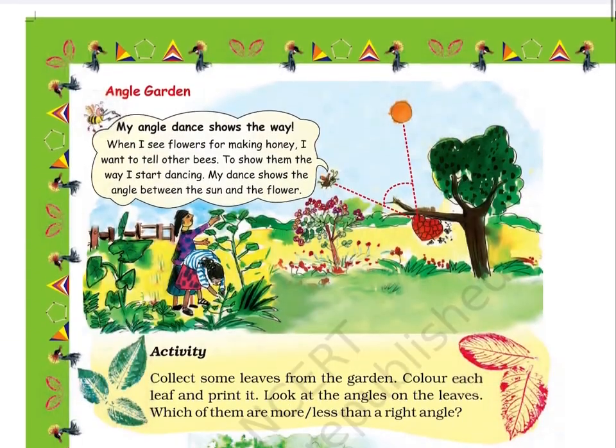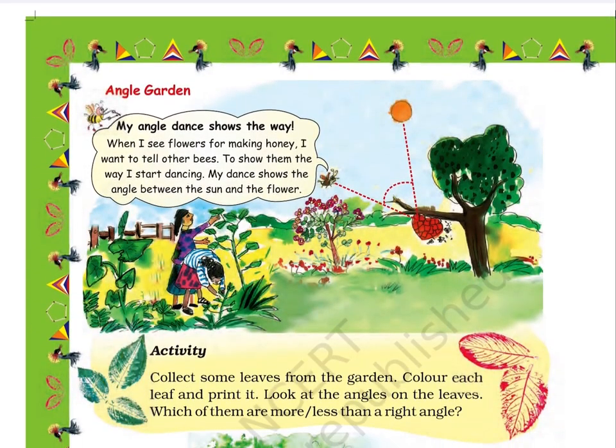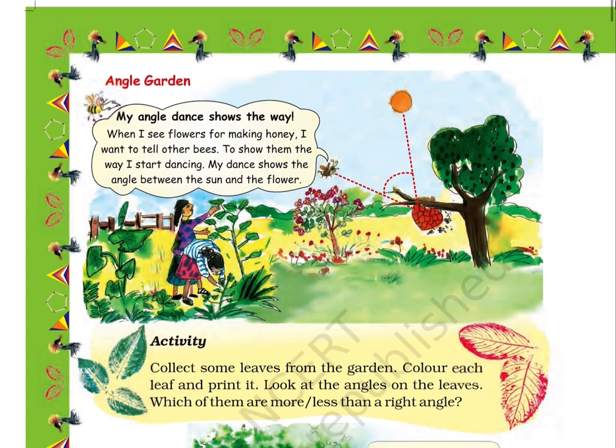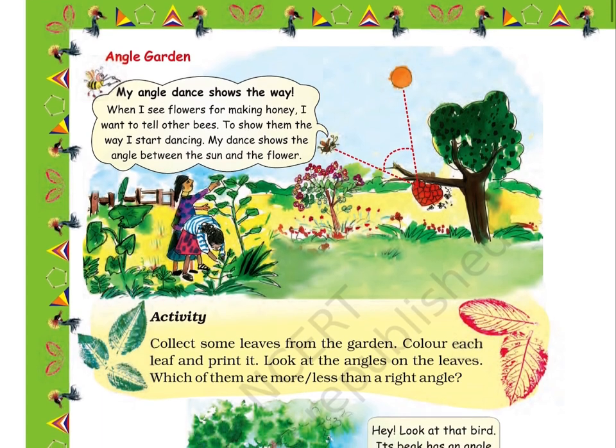Page 24. Angle garden. We see the picture of a garden with many flowers, plants and trees. 2 girls are also seen in the garden. It's a bright sunny day and we can see a big honeycomb on one of the trees. A honeybee flying nearby tells us, "My angle dance shows the way.